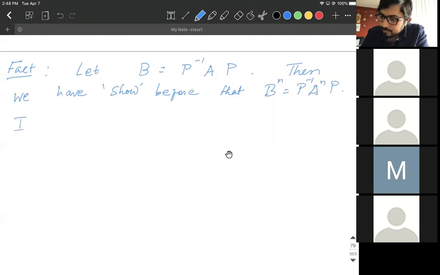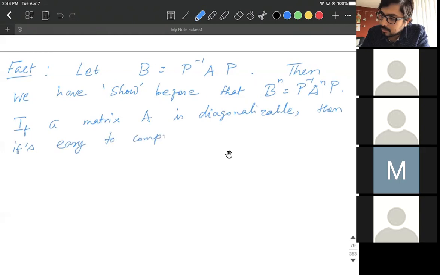Now, so this is the point: if a matrix A is diagonalizable, then it's easy to compute the powers after diagonalizing.